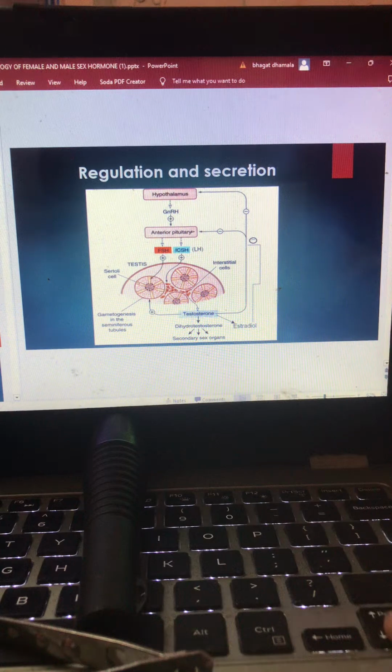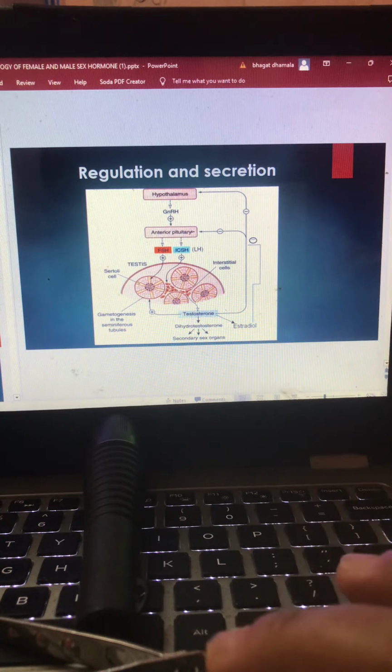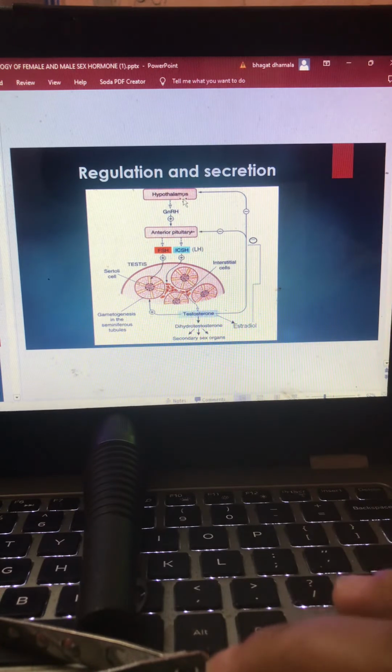Now talking about the regulation of secretion of the androgens. This is the hypothalamus. The hypothalamus, in response to gonadotropin releasing hormone, stimulates the anterior pituitary gland to produce follicle stimulating hormone and luteinizing hormone. The follicle stimulating hormone acts on the Sertoli cells and the luteinizing hormone on the interstitial cells.